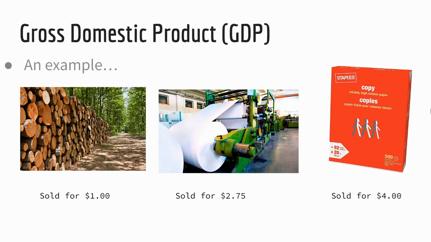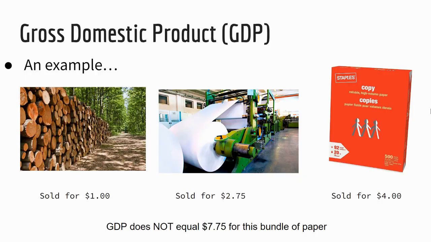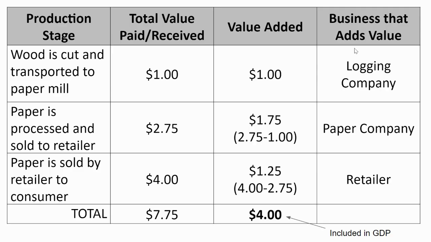So if we look at this a little closer, if we actually just recorded every time anybody bought anything, we would have seen that the first purchase was $1, then the second one was $2.75, then the last one was $4. So if we added all that up, we would say that this pack of paper had added $7.75 to our economy. Okay, when in reality, it didn't. Because if we look at this paper company, for example, they sold it for $2.75.